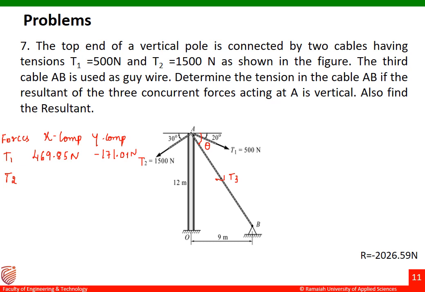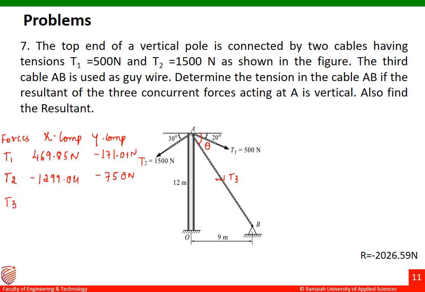Coming to T2, we'll find the x component: 1500 into cos 30 degrees, it will become minus 1299.04. It is acting in the third quadrant, x is negative, y is also negative. Similarly, the y component is minus 750 Newton. Let us go for the third one, that is T3.